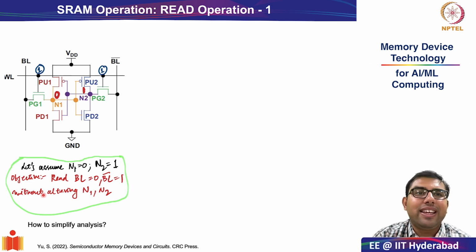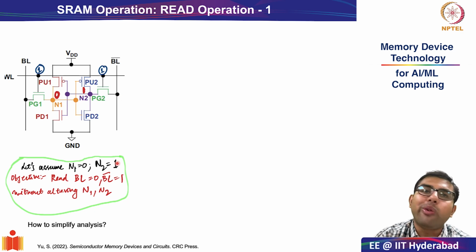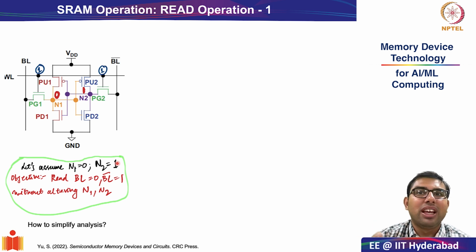So the ideal objective will be that once you turn on the pass gate transistors PG1 and PG2, bit line should reflect the value of 0 and bit line bar should reflect the value of 1. This is the ideal condition. This is the expectation. We will see that this will not really happen. Something more subtle is going to happen.